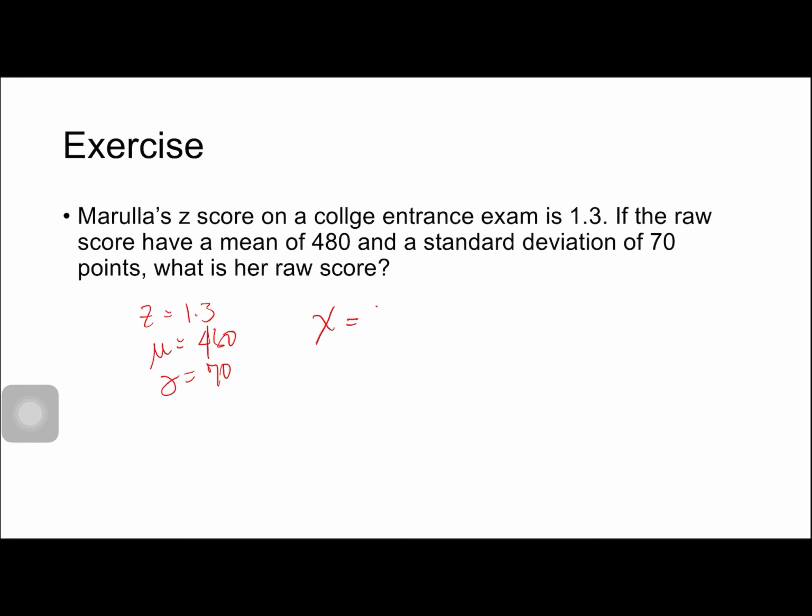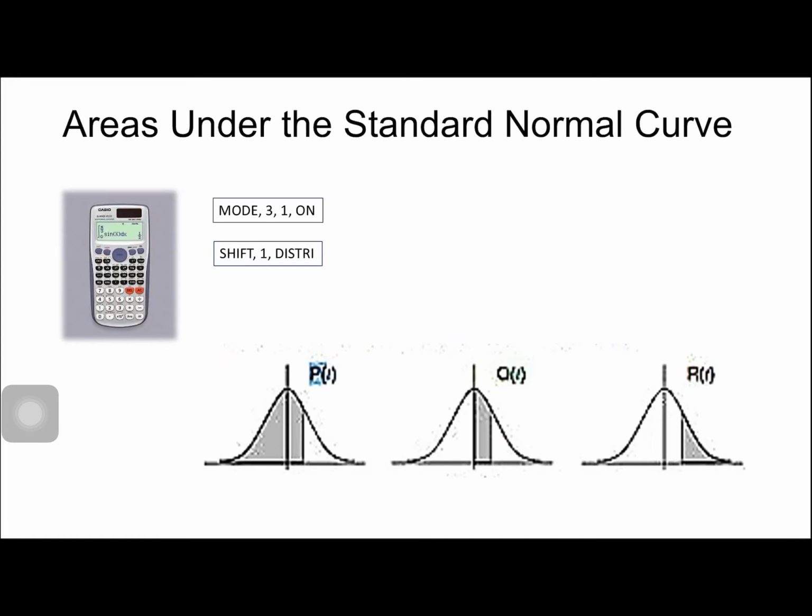So we are looking for the raw score, x. x is equal to z sigma plus mu, which is equal to 1.3 times 70 plus 480. And x is equal to 571. So Marula's raw score is 571.